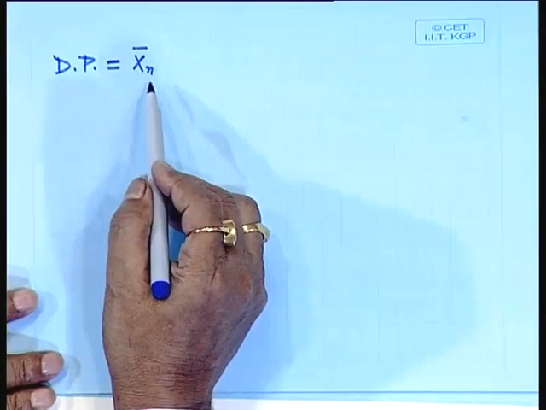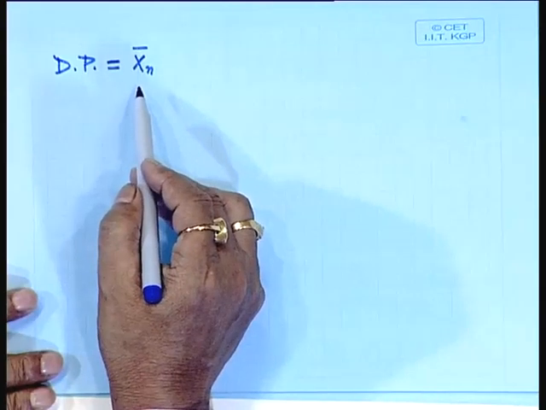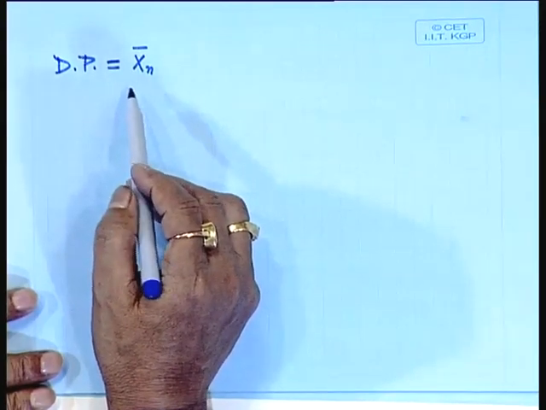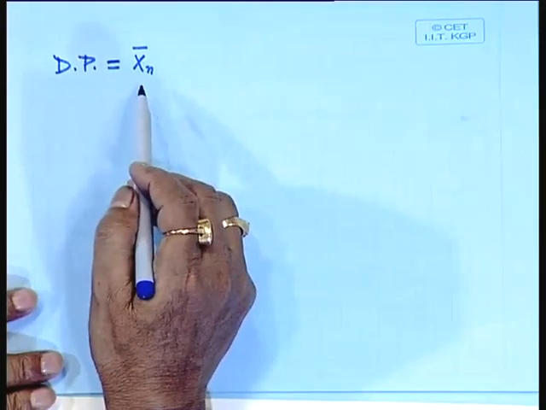We are not coming to those complexities at this moment. I shall discuss them in future lectures. Today, for the time being, degree of polymerization is equivalent to number average degree of polymerization, which means it is based on the number count of molecules.